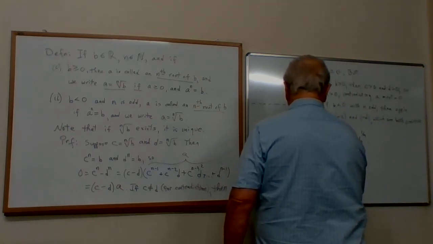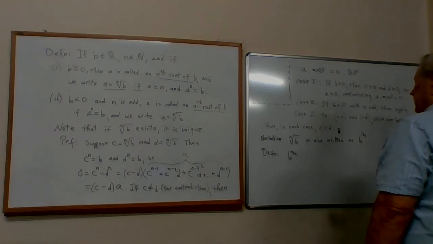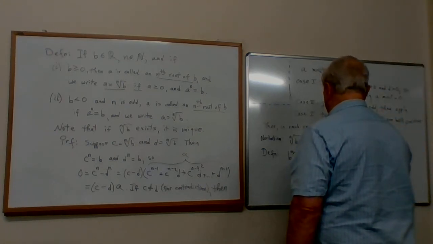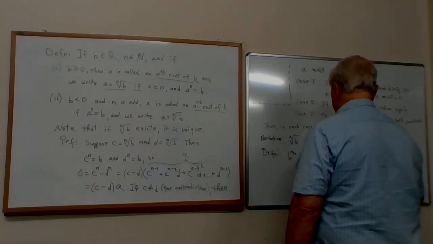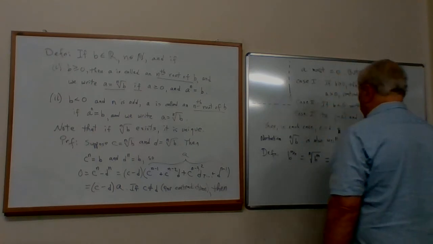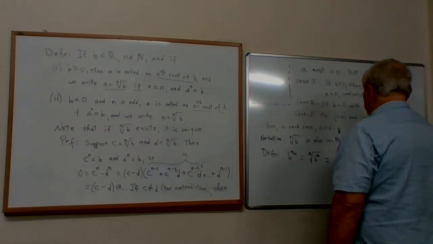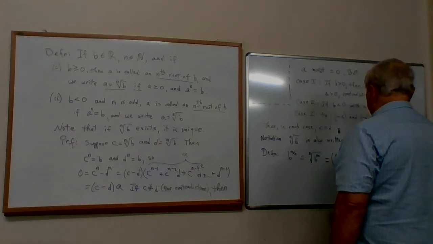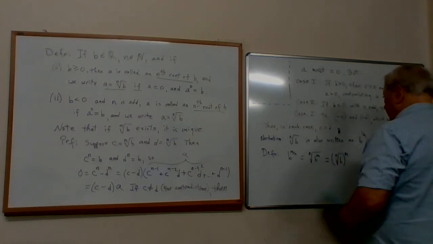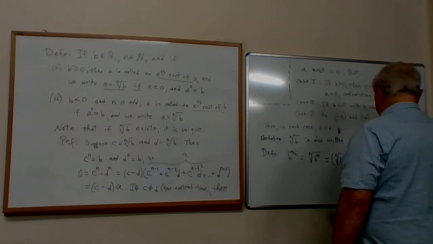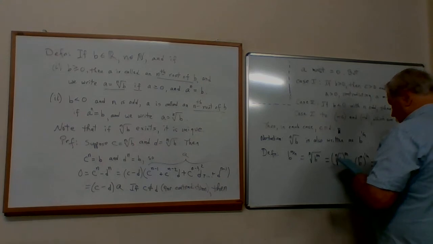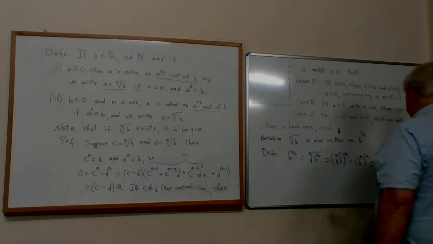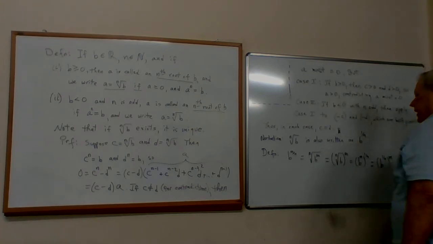B to the m over n power is the same as the nth root of B to the m, which is the same as the nth root of B, to the m, which is the same as B to the m to the 1 over n, which is the same as B to the 1 over n to the m.